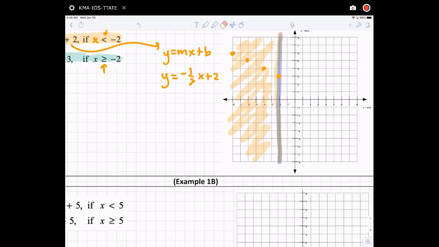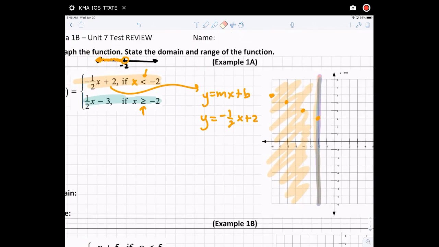But on -2, how do I differentiate since it cannot be on -2? What would I do on the number line? If it's strictly less than, what would I do on the number line?